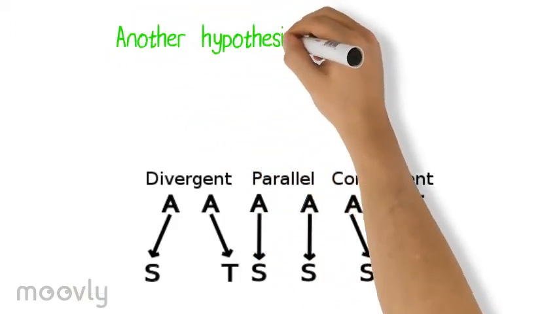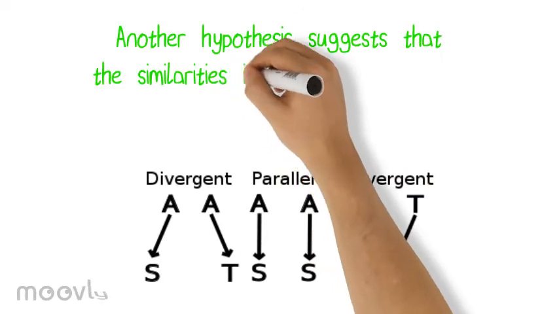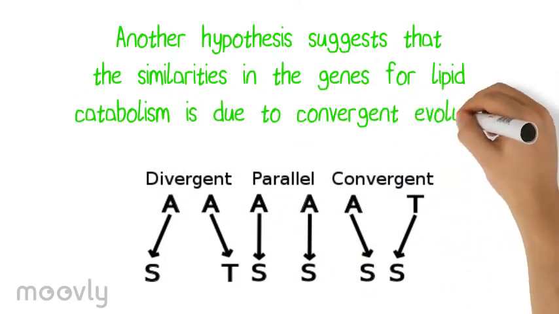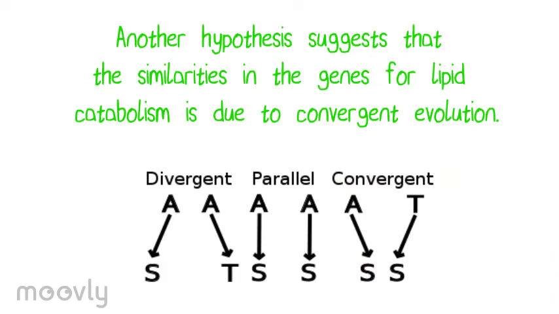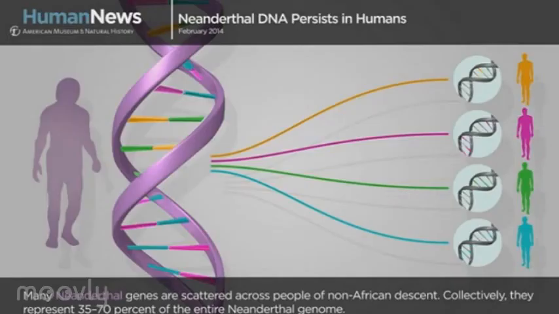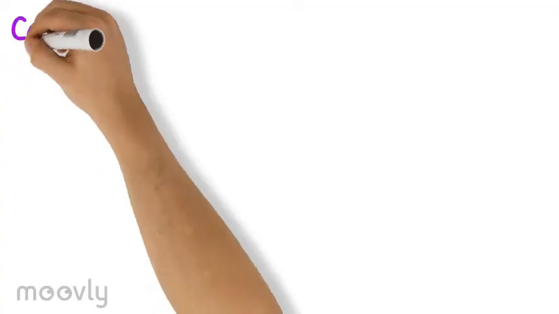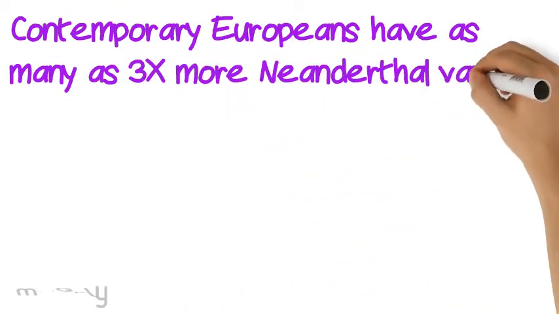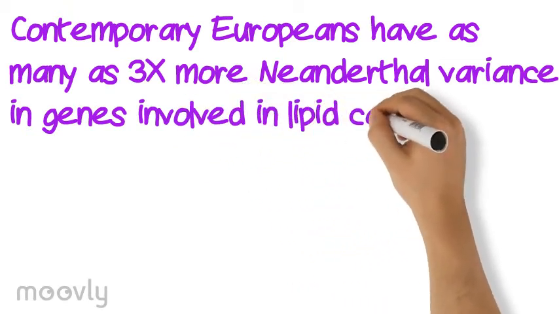Another school of thought is that the similarity evolved independently through convergent evolution due to an advantage these variants in lipid catabolism offered. These shared regions are unevenly distributed across the genome, and some regions are particularly enriched with Neanderthal variants.